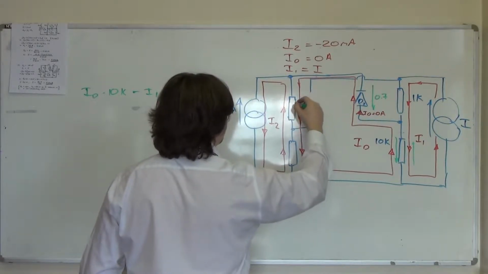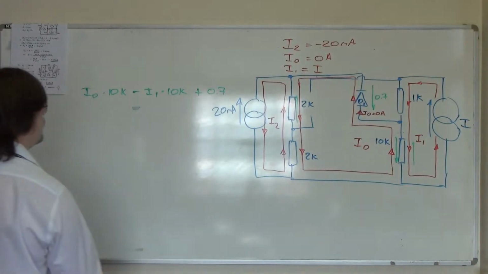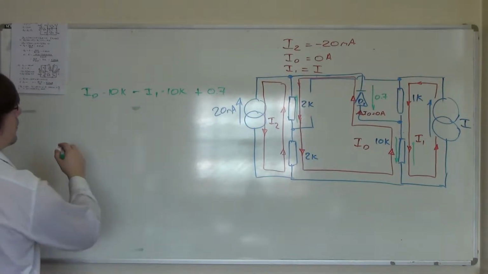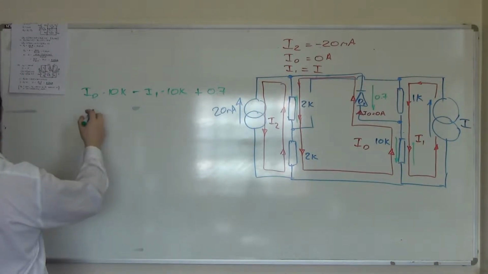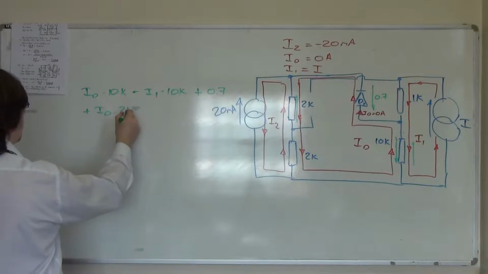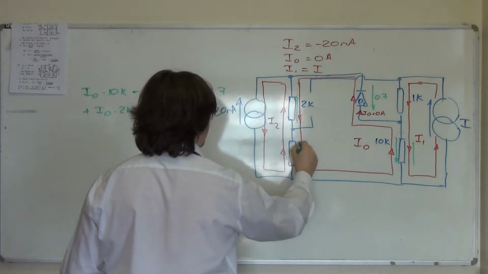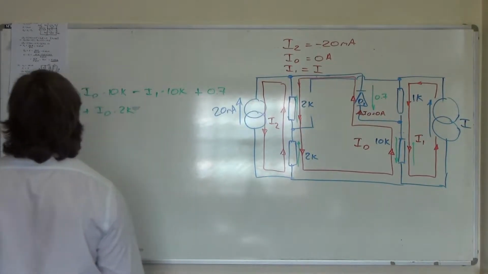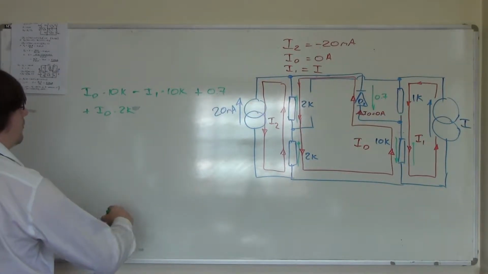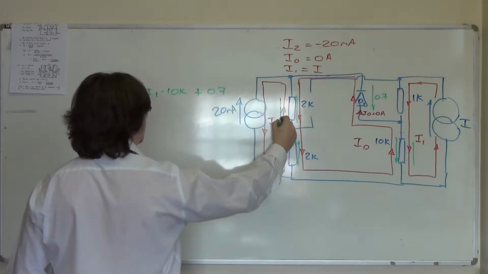And then it comes down here, and we've got ID times the 2K. And then we've got ID times this 2K as well. But first, we've got I2 here as well.